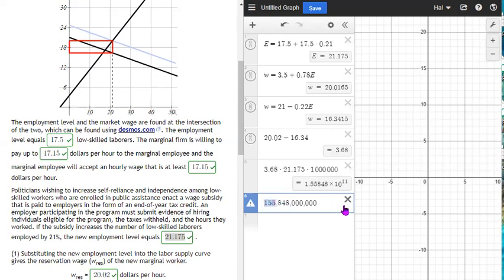So this program would be really expensive to the American taxpayer. It'd be $156 billion, right? If there are 21.175 million low-skilled laborers, and the government gives the employers $3.68 per hour per employee, the cost of that program is $156 billion a year, right? So we're not talking about peanuts here. We're talking about a lot of money.